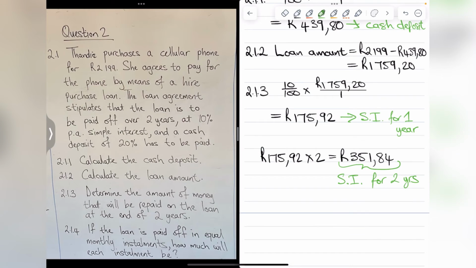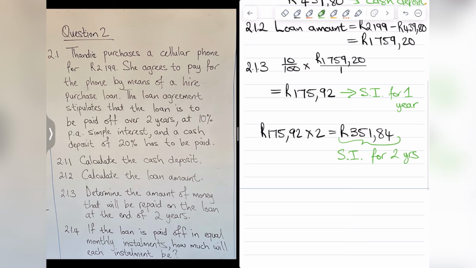Okay, so what am I doing with this amount? Remember, they're asking us to calculate the amount of money that will be repaid on the loan. So I need to repay what I borrowed, which was the 1,759 Rand and 20 cents. And I need to repay the interest that they charge me.